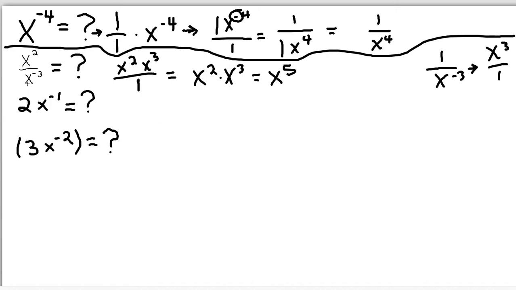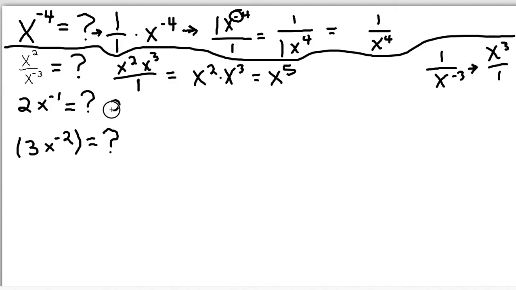Same thing for this one, almost. You have 2 times x to the negative 1 is equal to some number. What we're going to want to do is leave that alone.